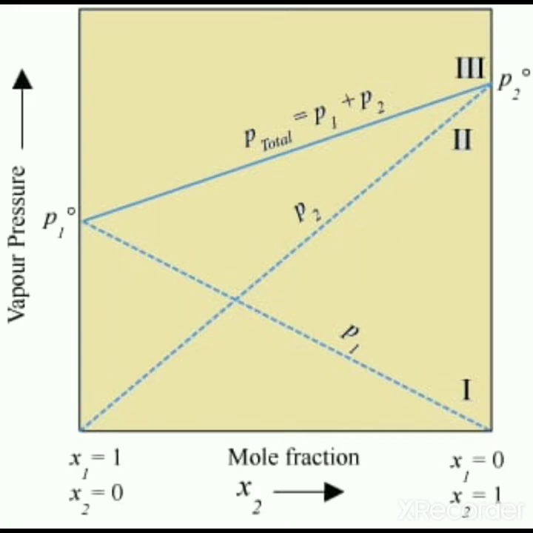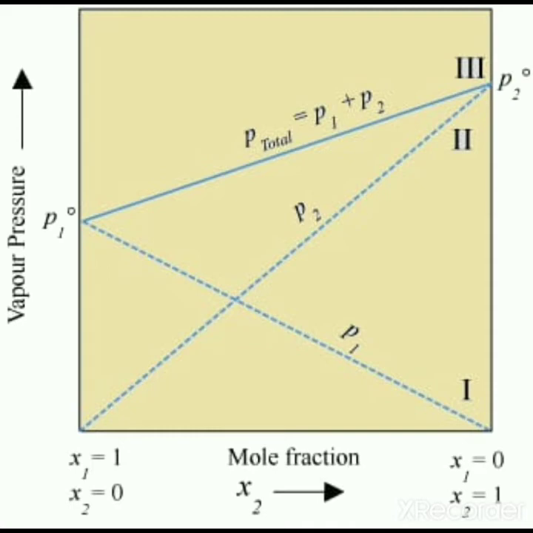Consider the components 1 and 2. From the graph, it is clear that P1⁰ is less than P2⁰. The vapor pressure of the pure component 1 is less than the vapor pressure of the pure component 2. Since the vapor pressure of the first component is comparatively lower, its boiling point will be higher.